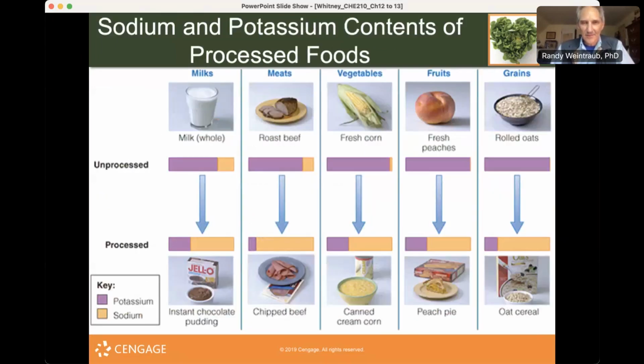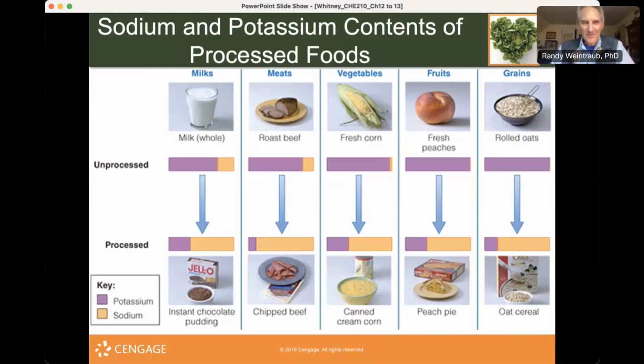Nice graphic here from the book, unprocessed along the top. You can see the balance between potassium in the pinkish purple, and sodium in the orangish color there.